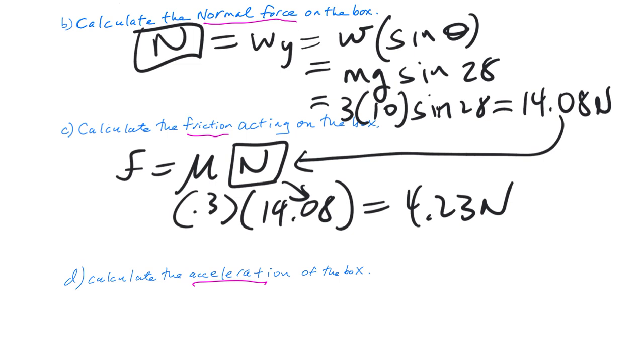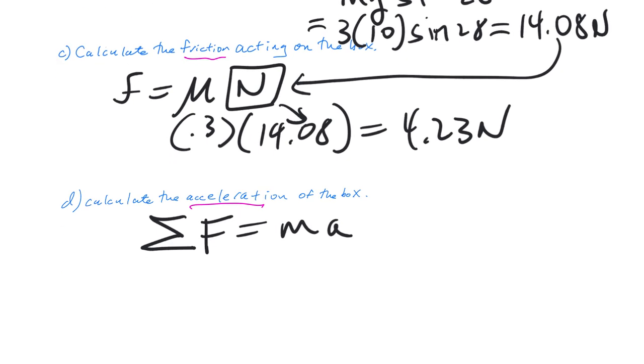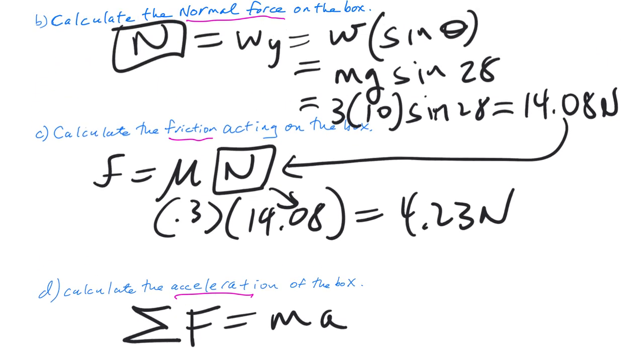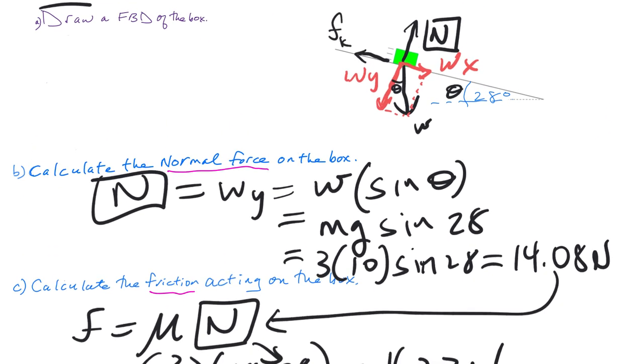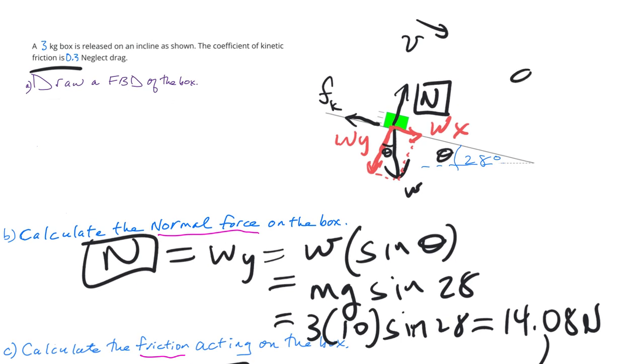Let's calculate the acceleration of the box. Well, to find the acceleration, I need to have the net force. That equals ma. So to find the net force, since it's accelerating down the ramp, Wx has to be bigger than Fk.